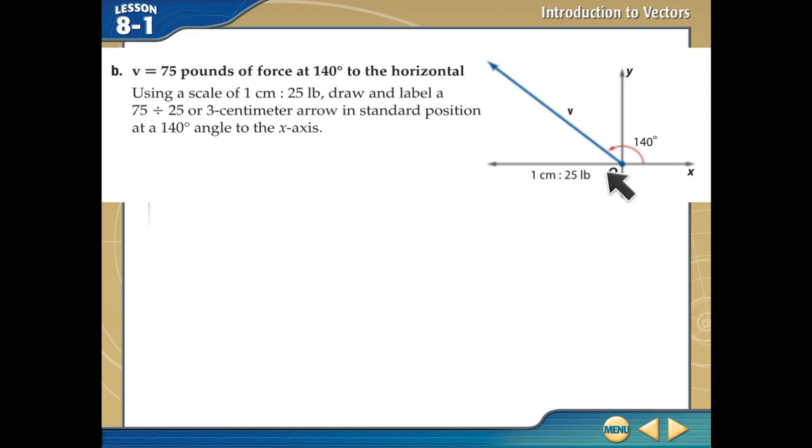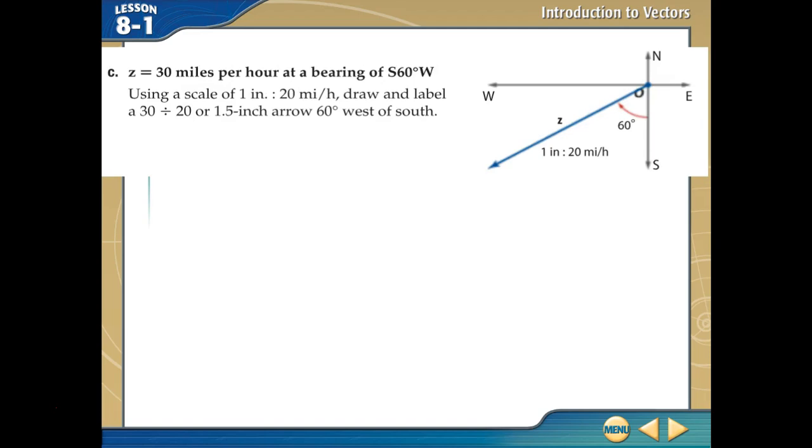So from the horizontal is our standard position, where 0 is over here, and I go 140 degrees in the counterclockwise direction because it's from a horizontal position. And then this is my quadrant, right, where I have south 60 degree west. So I start in the south, and then I go 60 degrees towards the west. And then the magnitude of my vector, the 30 miles per hour, is what's going to go here.